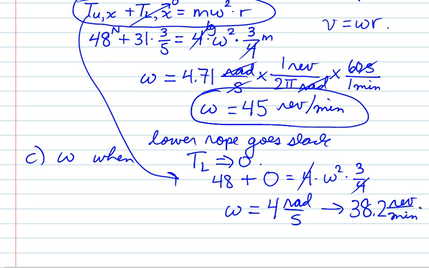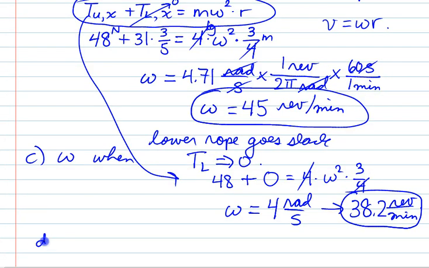So notice that when the lower rope goes slack, we actually have a lower rotational speed. And hopefully that makes sense, that the inertia of the mass would tend to move it to the outside of a circle. Objects in motion want to stay in motion.